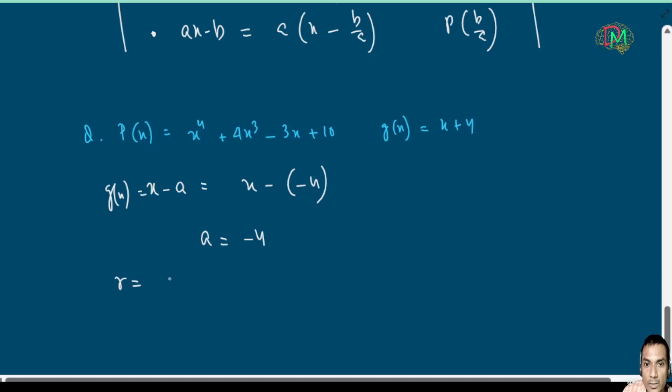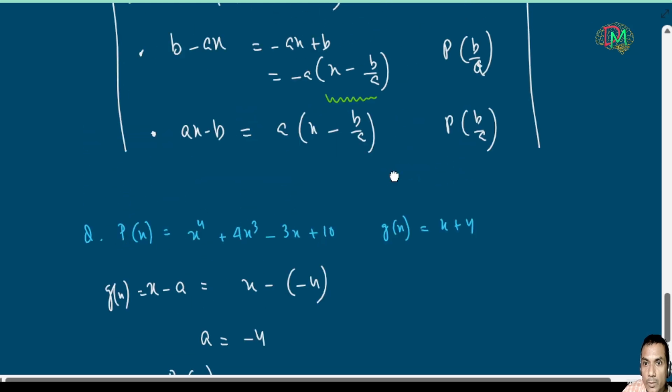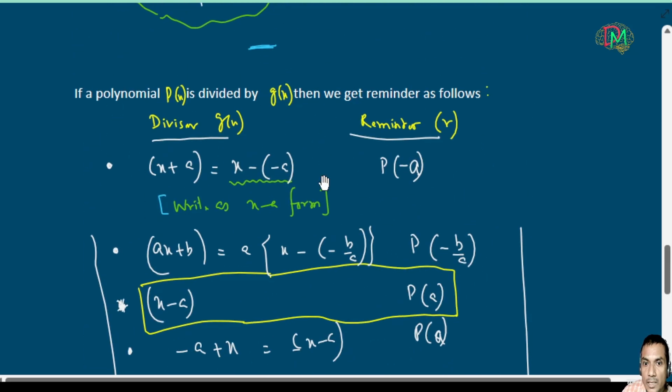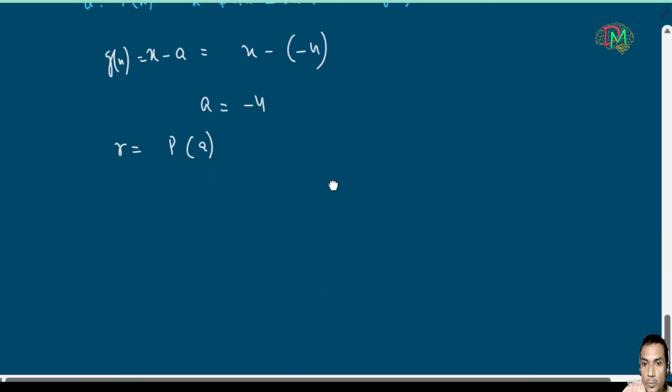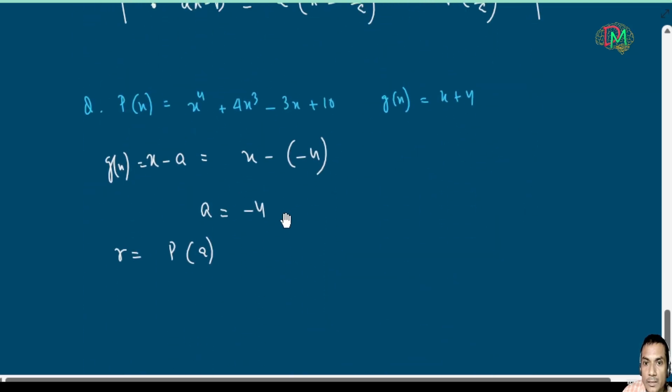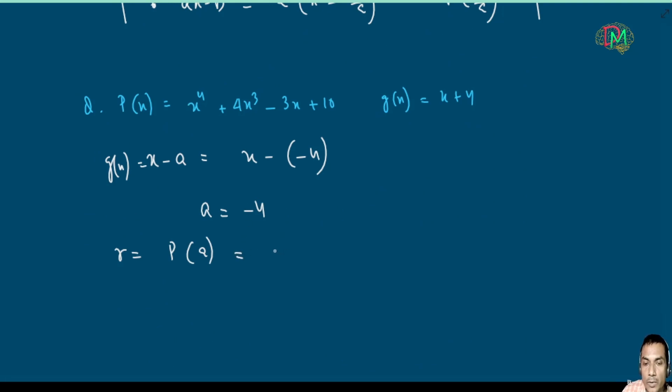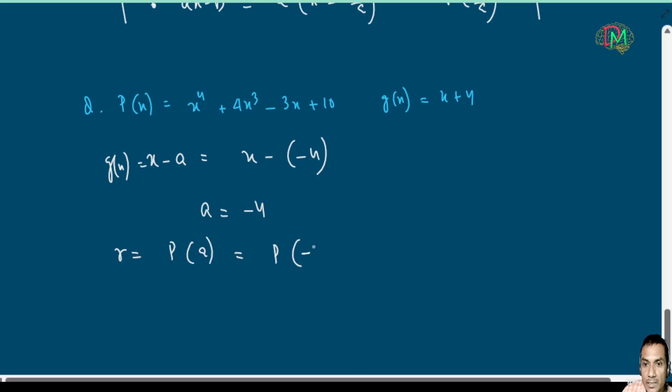So the remainder is equal to what? p(a). Already I told you, here, look at this. If it is x plus a, the remainder is equal to p of minus a. So put the value minus a. Minus a means here the value is 4. So directly you can put it, or you can derive it like this.